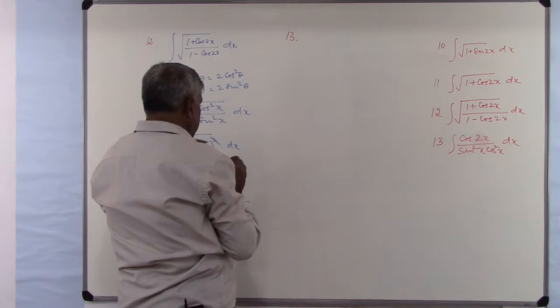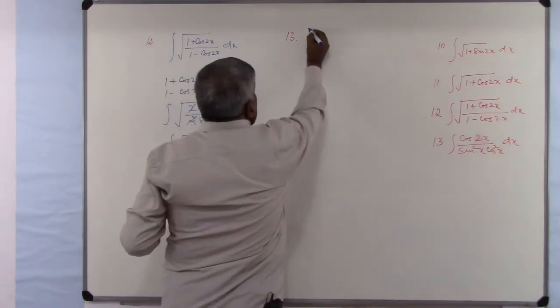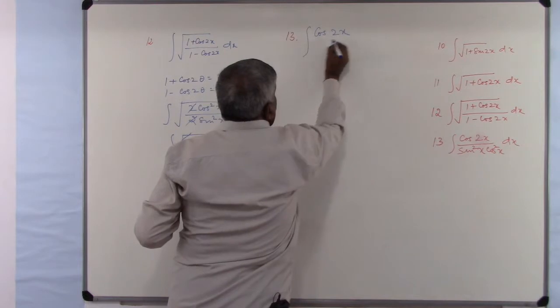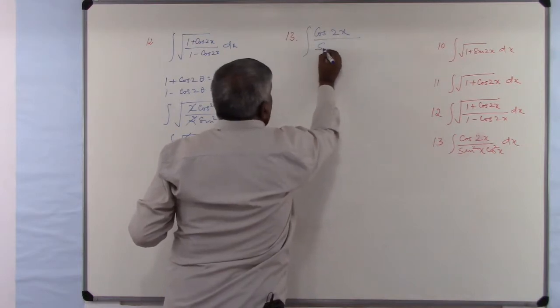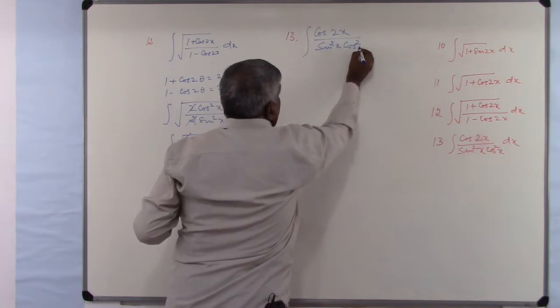Next, we shall go to the 13th problem. What is that? We will see. Integral cos 2x by sin square x cos square x dx.